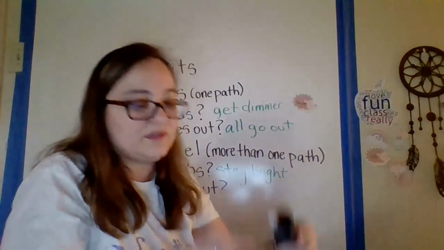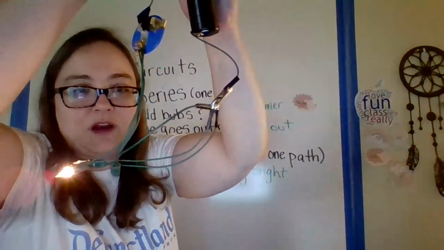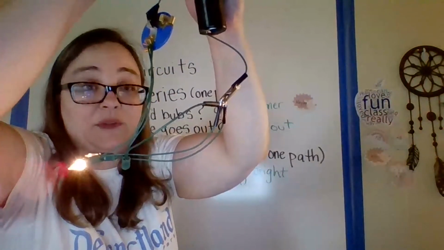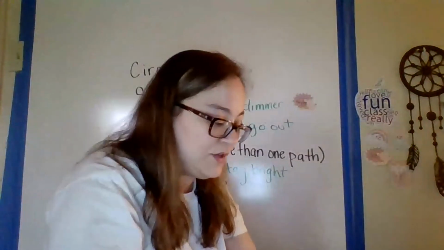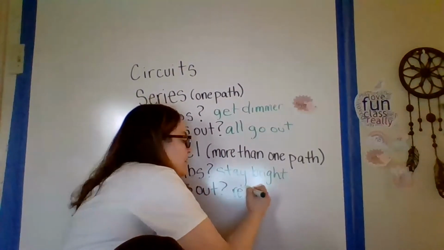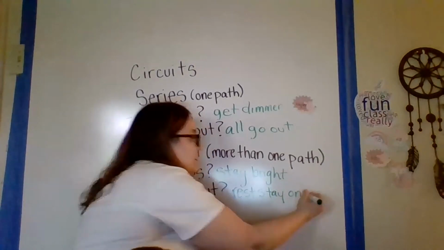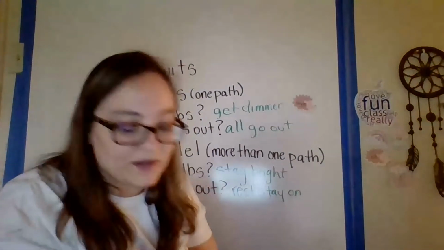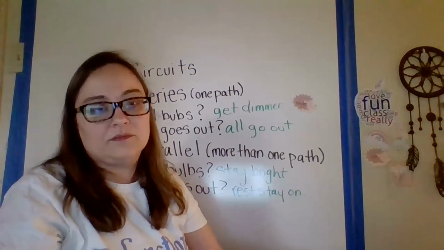Let's see what happens. The other 2 are still shining bright, and the empty one's just sitting there empty, like it's no big deal. So that's the other great thing about being in parallel. The rest stay on. So just because one goes out, the others can stay on when it's been wired in parallel.